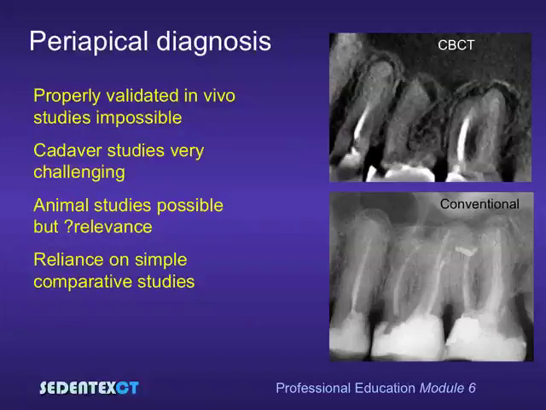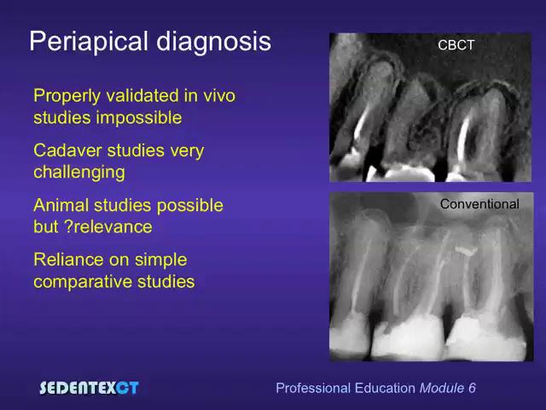Another task that dentists do regularly is periapical diagnosis, looking for evidence of inflammation in the tissues surrounding the end of the root. This is actually one of the most difficult areas to perform research on to establish diagnostic accuracy. Properly validated in vivo studies are effectively impossible because we need to section the jaw to determine the truth.